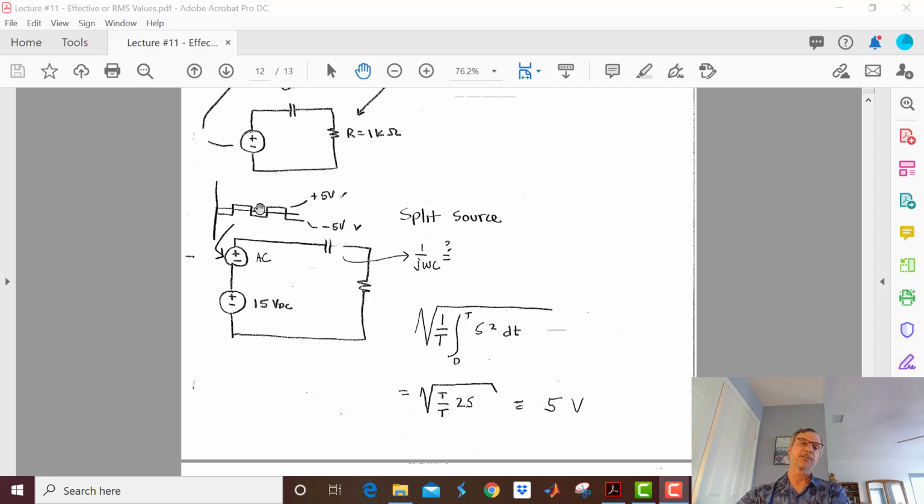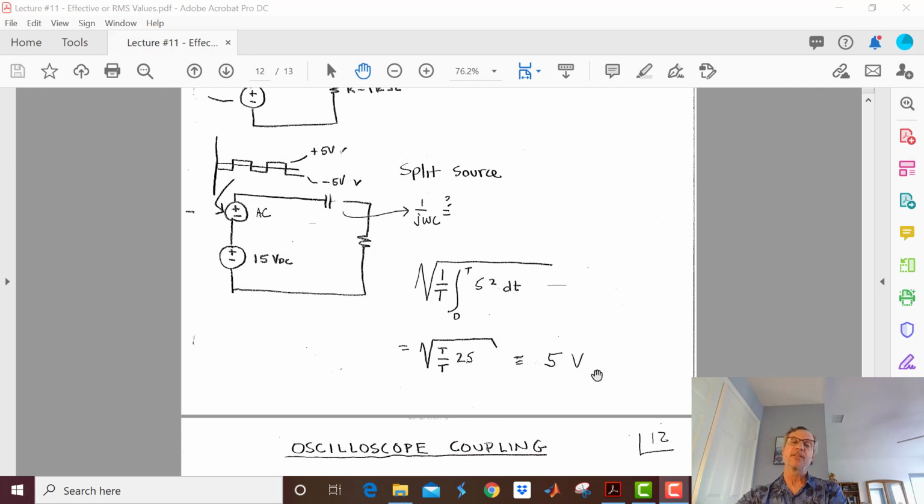Does that make sense? Yeah, because it almost looks like DC if I do my square. Or in other words, I square this and I have this constant 25. And so we can see that our RMS value right here is 5 volts. But here it's 15.8 volts.